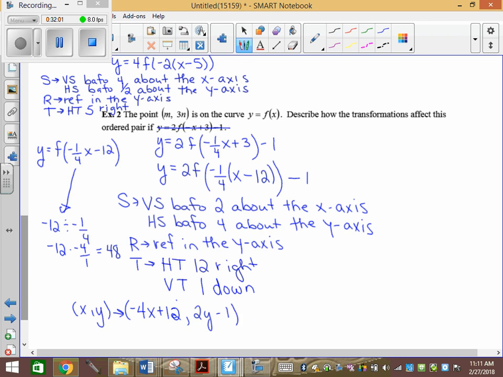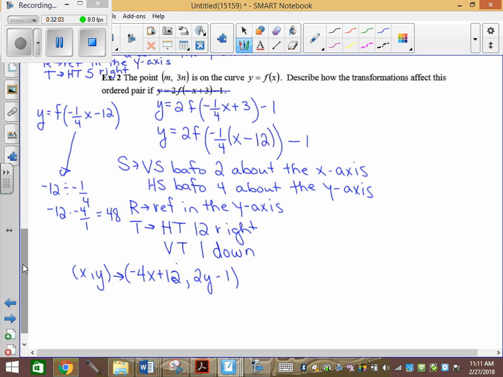What is my original point? My original point is m and 3n. So for every x, I'm going to put in m. For every y, I'm going to put in 3n. So I get negative 4m plus 12 and 2 times 3n minus 1.